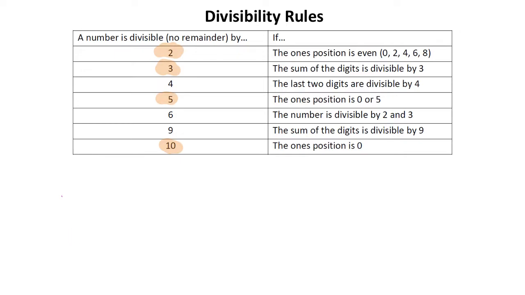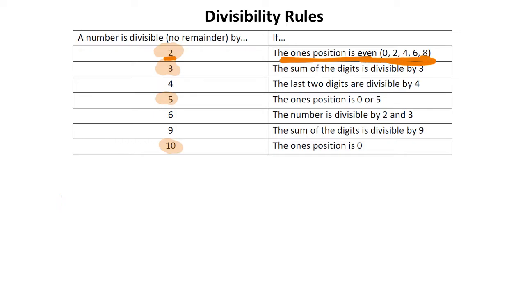Now, to determine if a number is divisible by 2, and that's usually the number that I start out with. Can I just make the determination if a number is divisible by 2? Because it's very easy. It's just a visual check. So I start usually with 2. And all you're going to do is look in the ones place value.